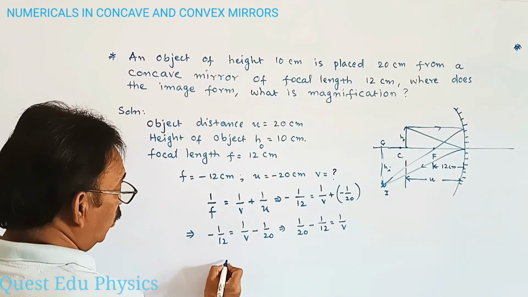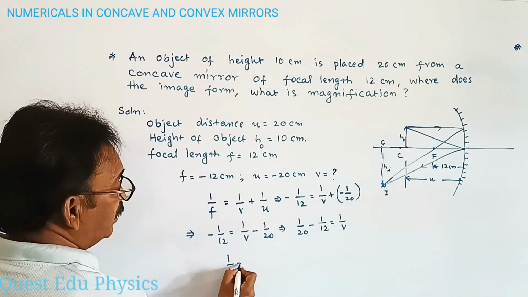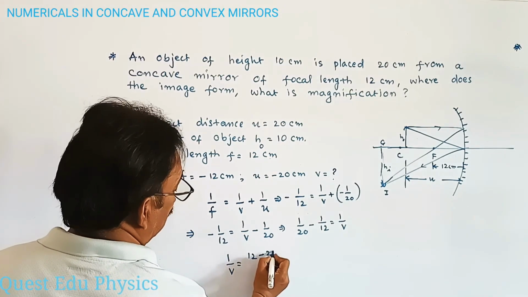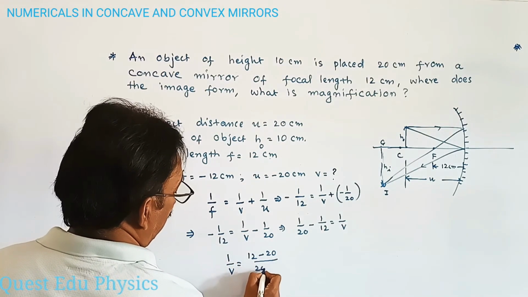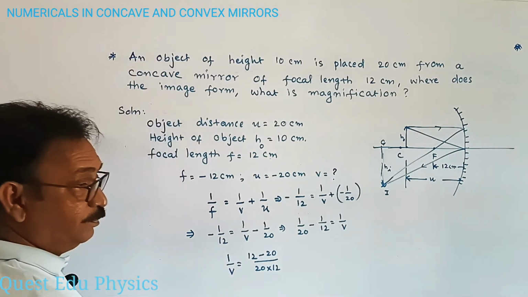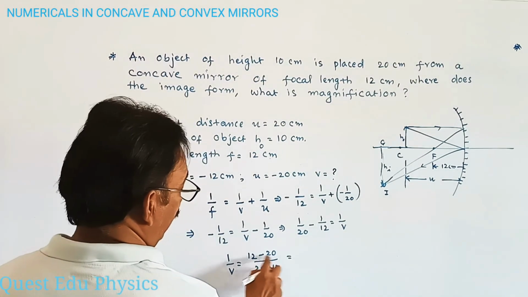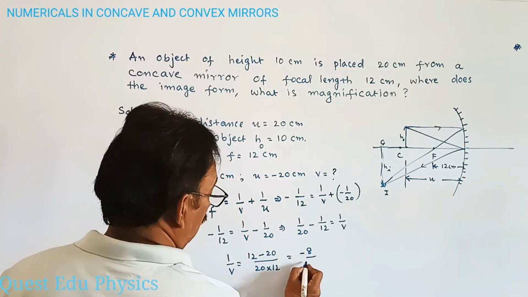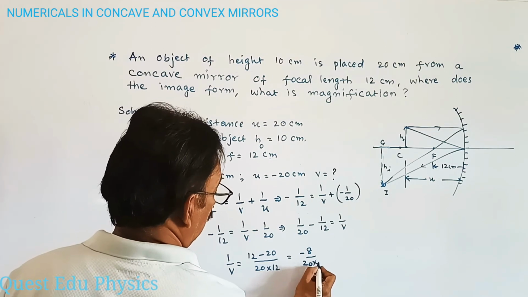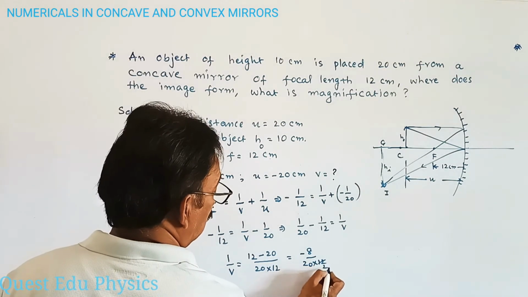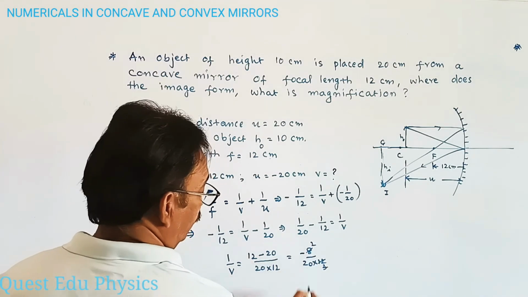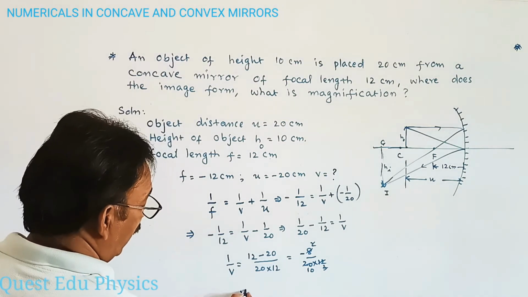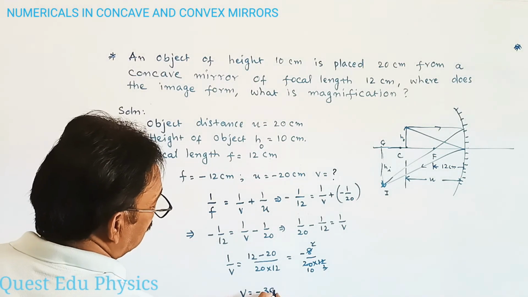It can also be written as 1 upon v is equal to 12 minus 20 by 20 into 12. Here we got minus 8 by 20 into 12. Cancelling common factors, we get v is equal to minus 30 centimeter.